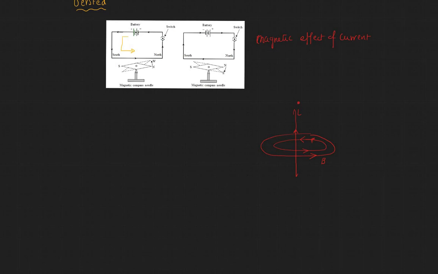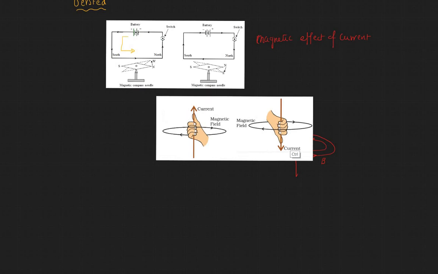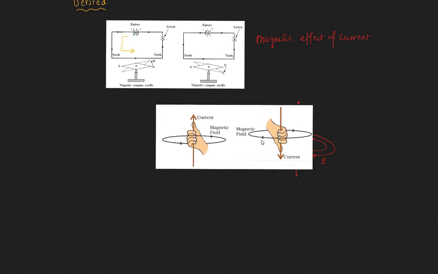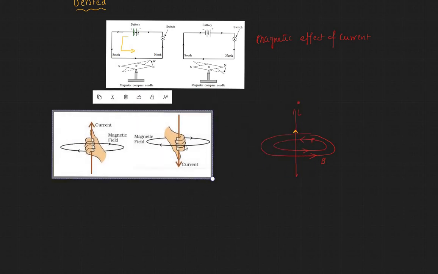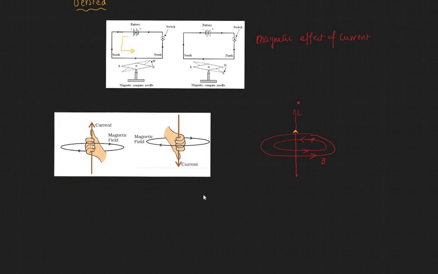The direction of this magnetic field for a current I can be found using the right hand corkscrew rule. If your thumb is pointing in the direction of the current, your fingers give you the direction of the magnetic field. In the same way, if the current is downward, then the loop of the fingers gives you the sense of the magnetic field.